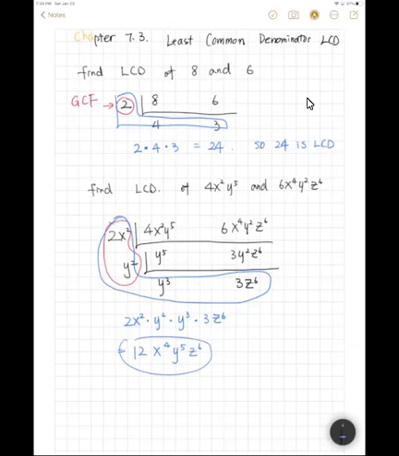So the same pattern, we can use it on polynomials that have more than one term. However, before we apply it to the polynomial, the first step we always want to do is to factor each polynomial first.